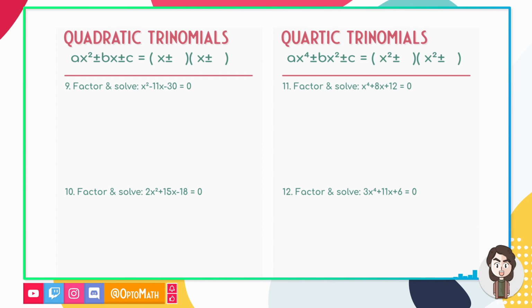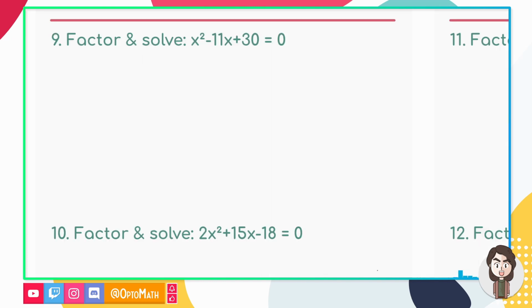So we've got x squared and then an x term and then a constant term. Then we've got x to the 4th, an x squared term, then a constant term. And we've got x plus or minus something with a space in front, which could be some sort of number. Same here, space in front, but instead of x plus or minus for each factor, it's x squared plus or minus. And both of these do factor into two binomials.